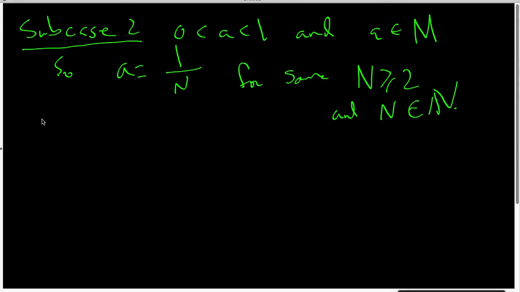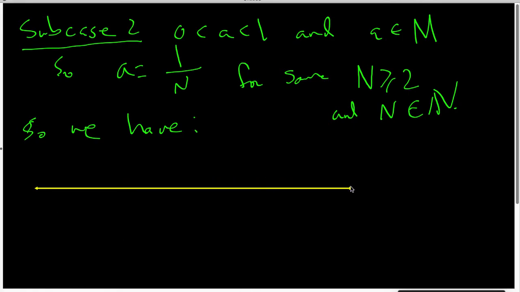Now, we have this kind of situation on our number line. Here is our number line, and we have 0 here, 1 here, and 1 over capital N, which is equal to A, here.